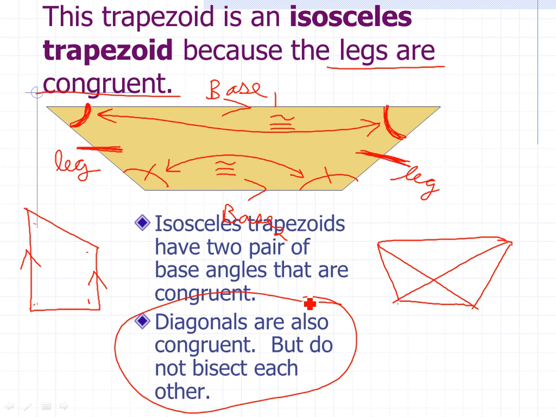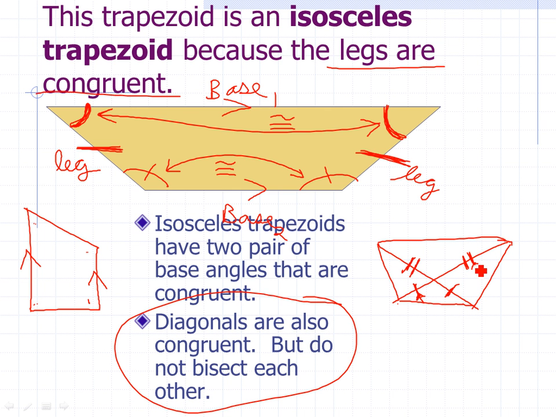The difference about a trapezoid, I know my picture's not drawn real well, but if we're looking at this, is that part right there going to be the same as this part right here? No. So do the diagonals bisect each other like in all those other shapes that we've been talking about? No. But in an isosceles trapezoid, what happens? If I can draw this correctly, this part is equal to this part, and this part is equal to this part.